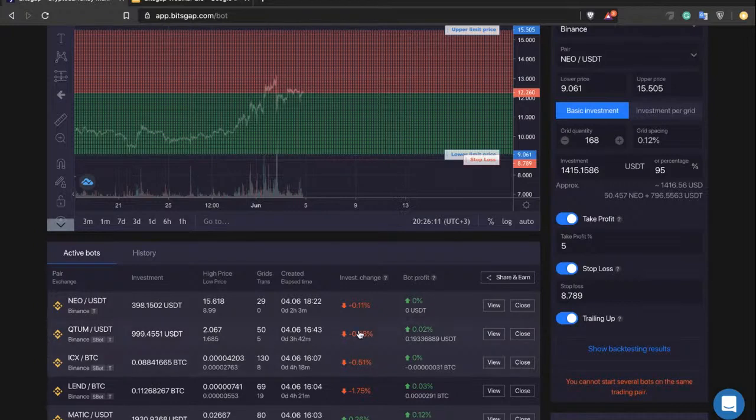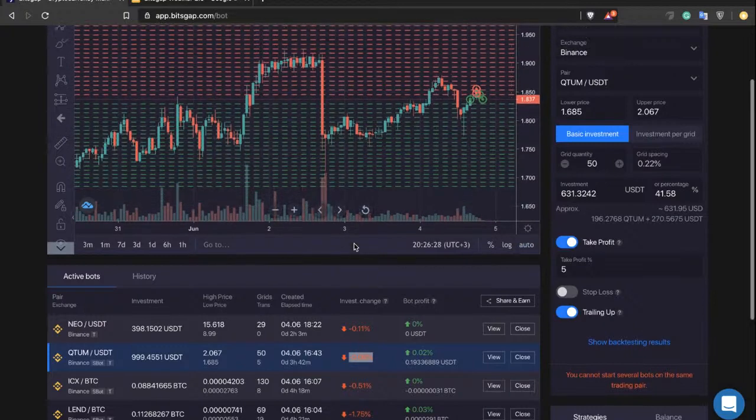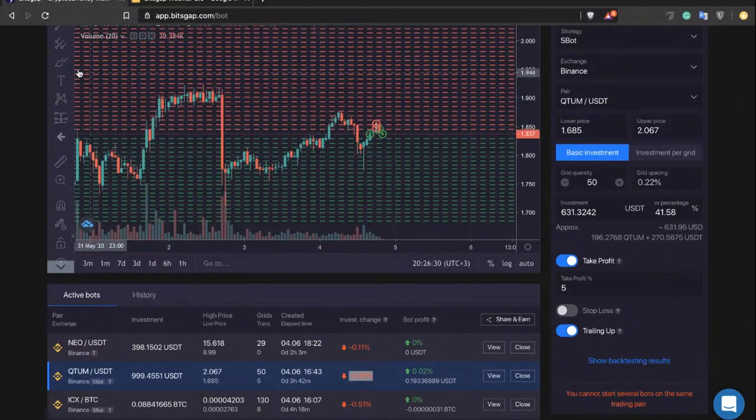That means my investment change will be exactly 5%. This can be achieved by the bot profit accumulating profits for me and adding them to my investment change. The perfect condition would be that the price also moves upwards, so that I achieve my 5% of investment change way quicker.